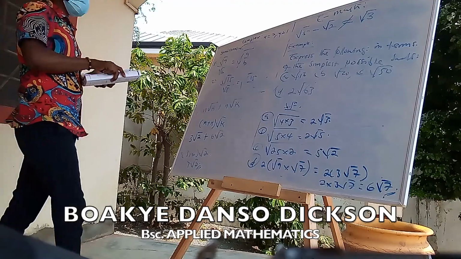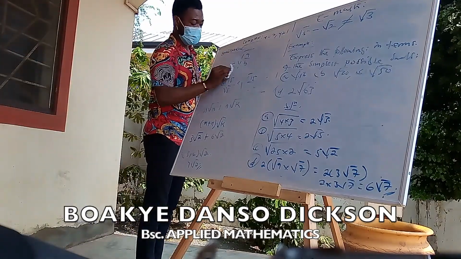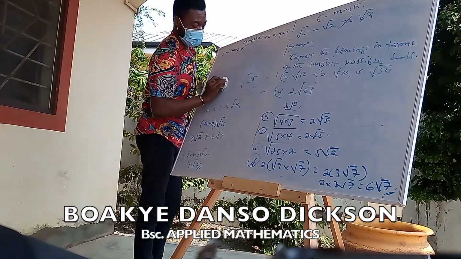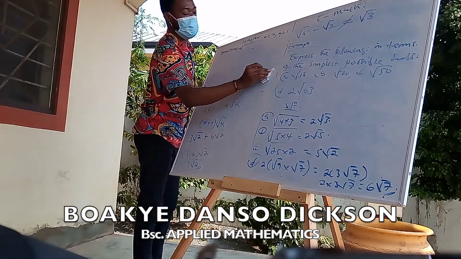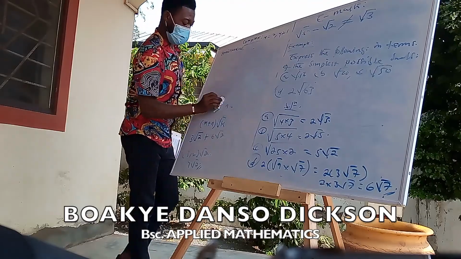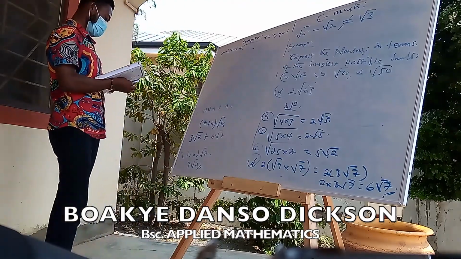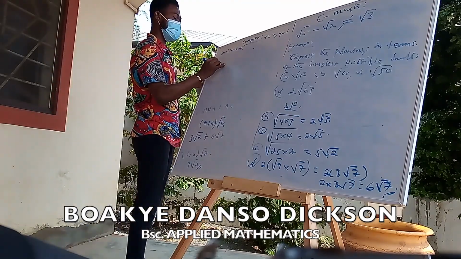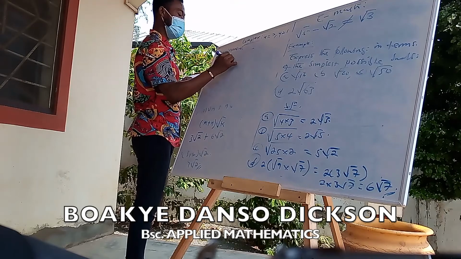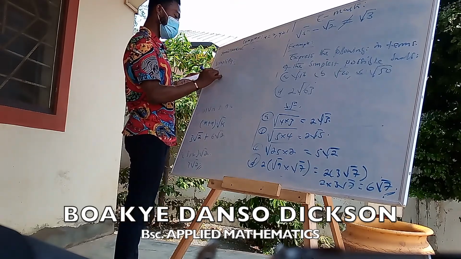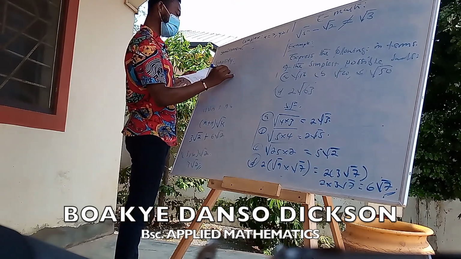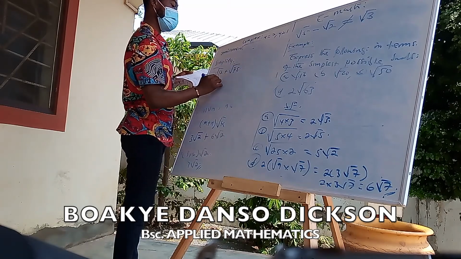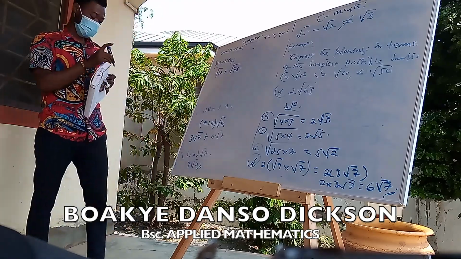Now simplify this and let me see. Good. So simplify root 12 plus root 75. Simplify that and see.